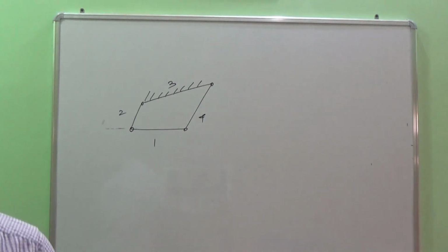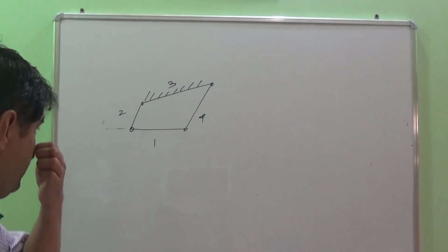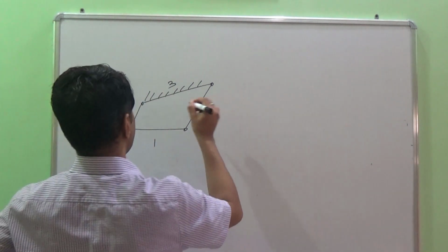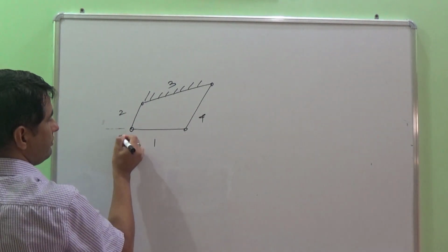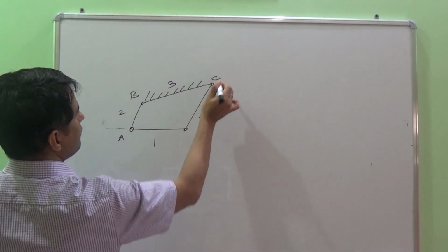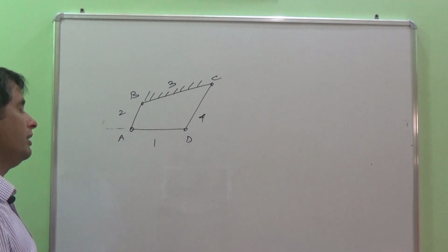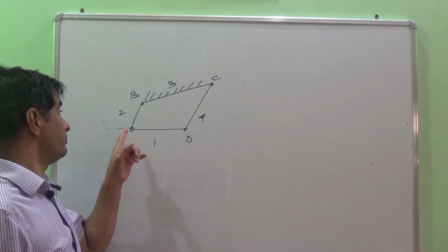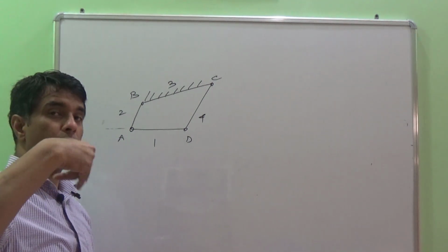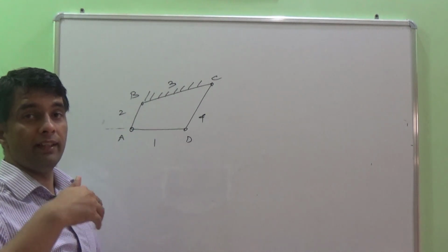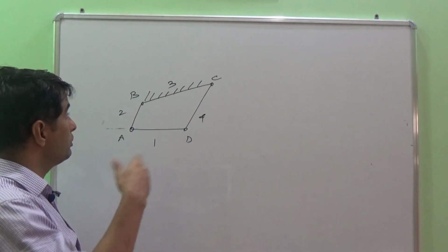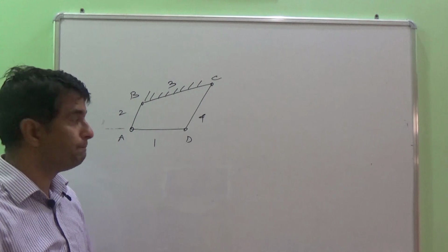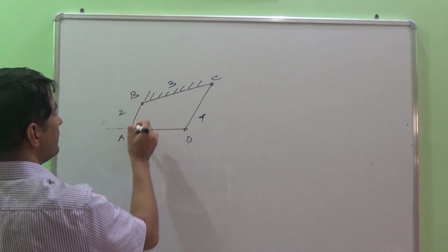So again the inversion becomes this inversion, where if we give the same end points, in the first inversion link 2 is rotating about point A. Now in this inversion link 2 is rotating about point B, but this link is still rotating.